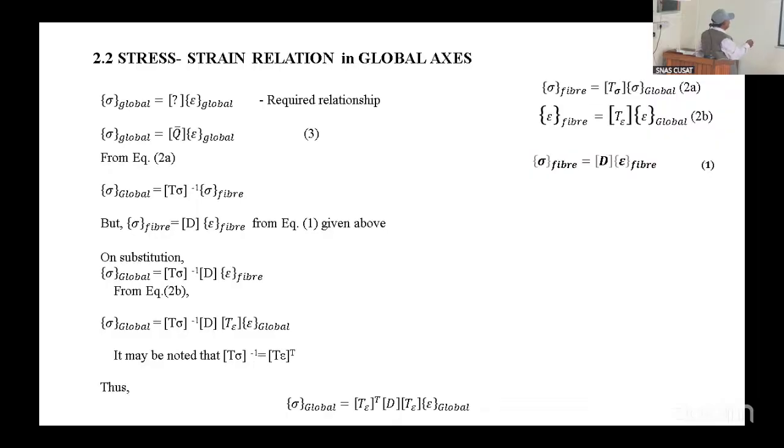So sigma global is equal to T sigma inverse of D into epsilon fiber. Now, what is epsilon fiber? Epsilon fiber is this. We want global, in this direction we want global. So substitute it here. You will get T sigma inverse D, T epsilon, epsilon dot.